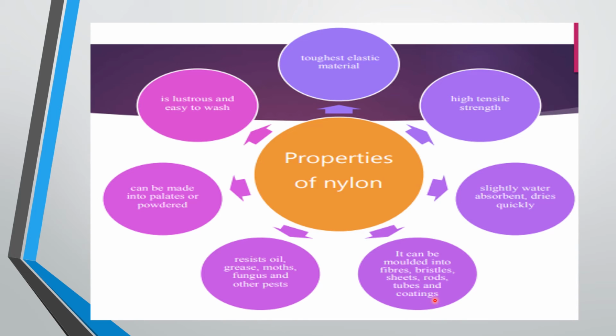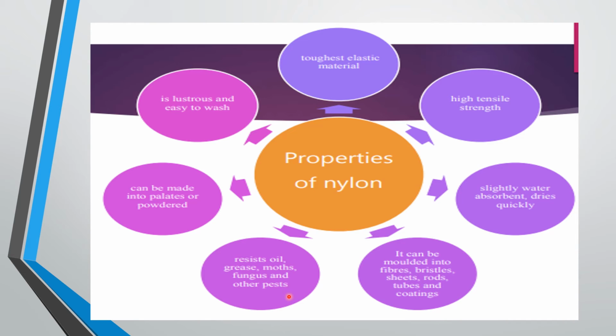And when any synthetic fiber can be molded into many different shapes, it is generally called a thermoplastic polymer, and hence nylon is also called a thermoplastic polymer, and it resists oil, grease, moth, fungus and other pests.